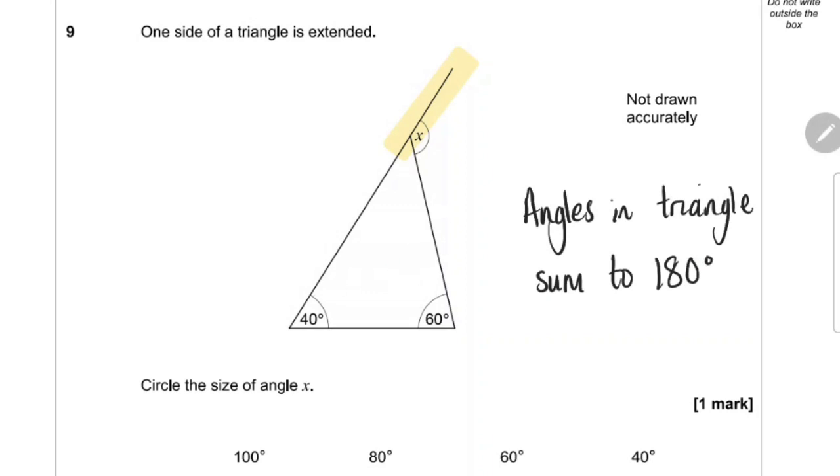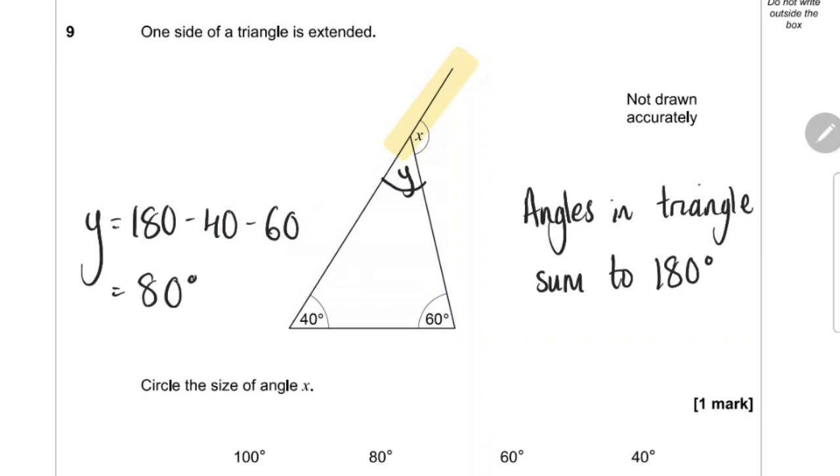We have 40 and 60 down here. So this angle, let's call this angle Y. Y is going to equal 180 minus 40 minus 60. So that's going to be 140 minus 60, which is going to leave us with 80 degrees. So this angle here is going to be 80 degrees.